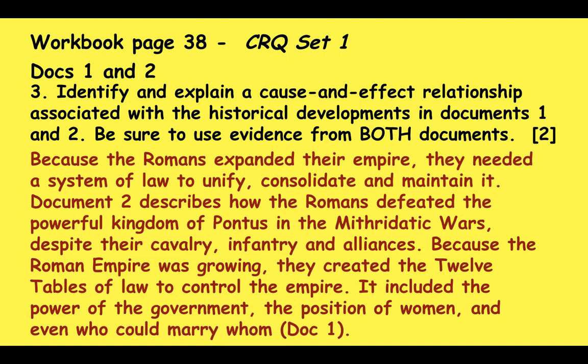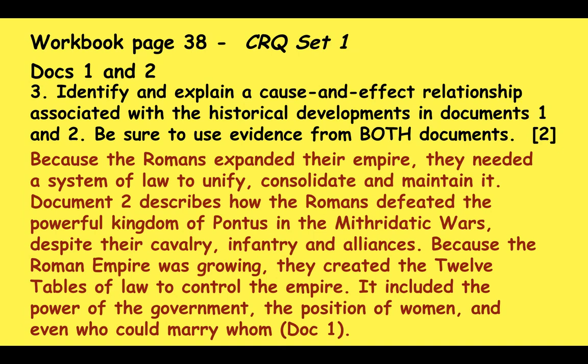So I said, because the Romans expanded their empire, they needed to have a system of law to unify, consolidate, and maintain that empire. Document 2 describes how the Romans defeated the powerful kingdom of Pontus in the Mithridatic Wars, despite Pontus's cavalry, infantry, and their alliances.